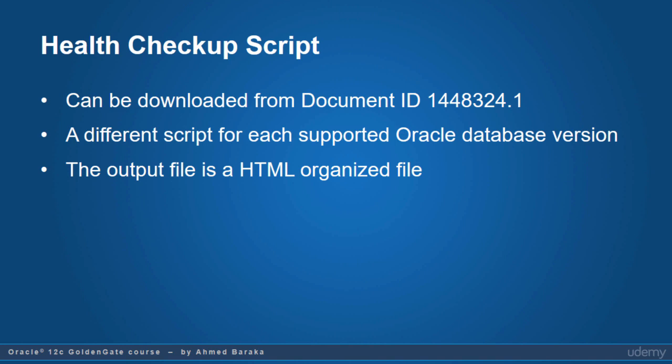There is a script for each database version, and they can be downloaded from the named document. The output of the script is a well-formatted HTML file that you can view in an internet browser. In the incoming slides, I will list some common issues observed in Oracle GoldenGate configurations and describe how to handle each.